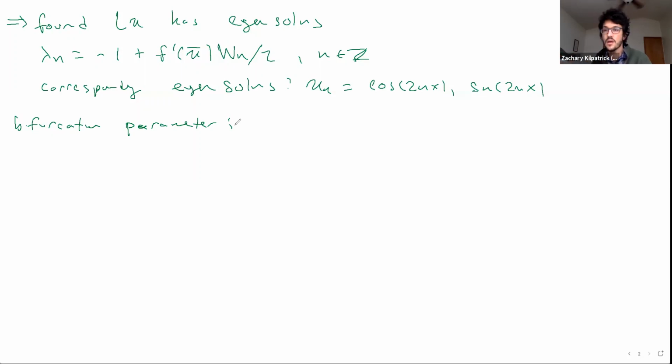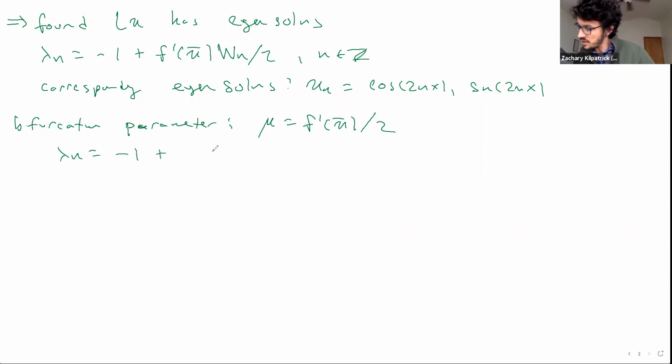And in this case, our homogeneous flat solution is going to destabilize, and it's going to lead to pattern formation. It's going to lead to this bump. And so our bifurcation parameter is mu equals f prime of u bar over 2. Okay, and so that means we're going to rewrite lambda n equals minus 1 plus just mu w_n.